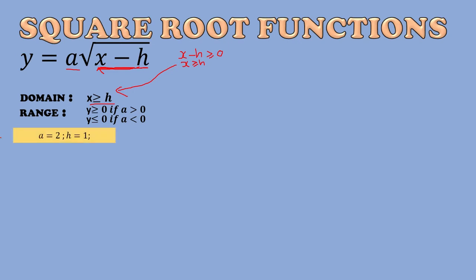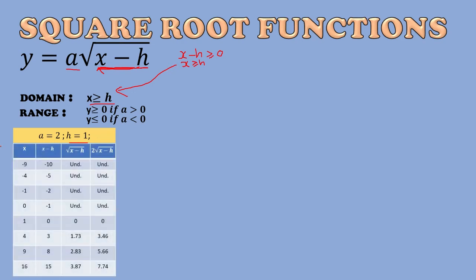You create a table. In this case, I'm going to use h equals 1. You plug into the table. Your value is negative 9. Minus 1 is negative 10. This is undefined here and undefined. And when you use 0, 0 minus 1, because h is 1, is negative 1, and the square root of negative 1 is undefined. When you use 1, the value of x is 1, 1 minus the value of h, which is 1, is 0.